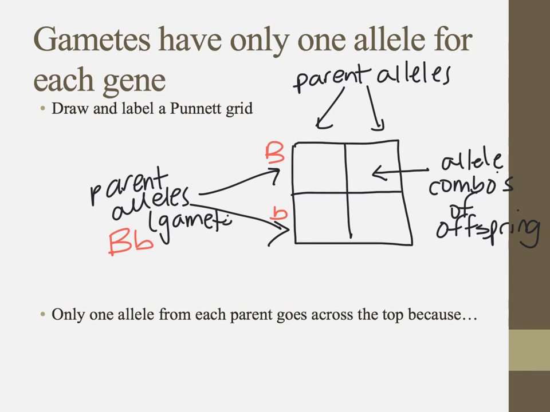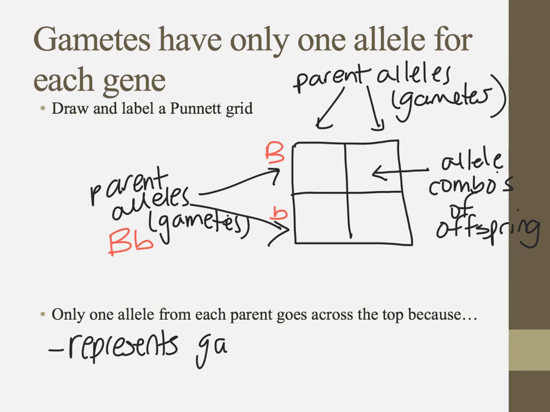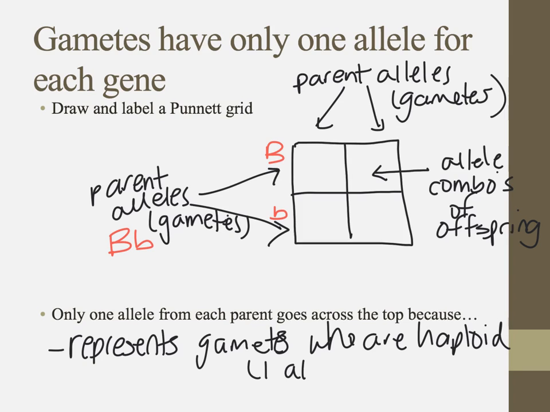So that is where the alleles of the gametes go, because it represents gametes, which are haploid. And when we say haploid, we mean one allele for each trait.